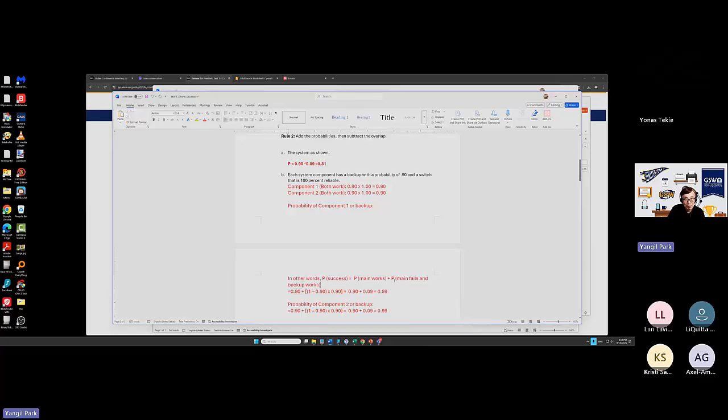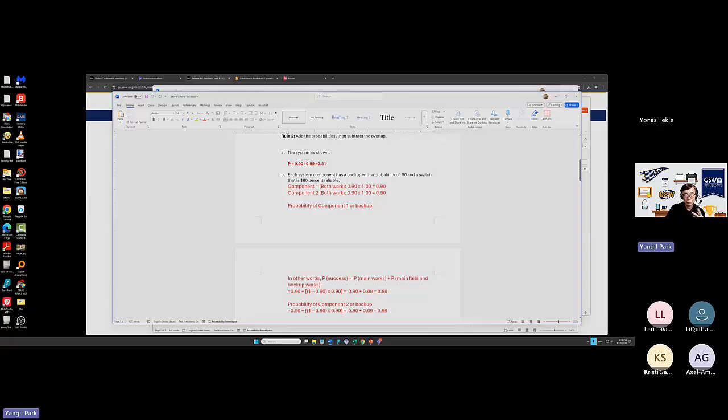Then plus main fails, right? Because 1 minus 0.9 is 0.1, that's the failure probability. Then you multiply by the backup probability, which is 0.9. That's how you find the probability that the component or its backup works.